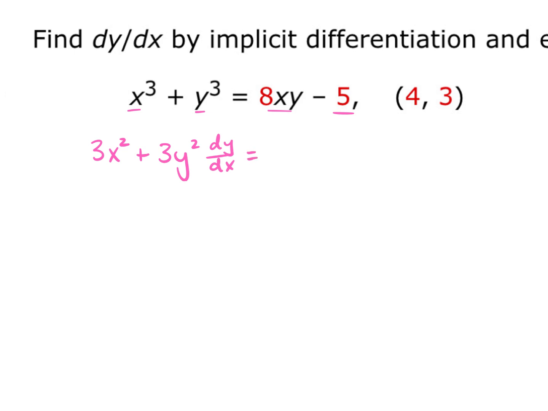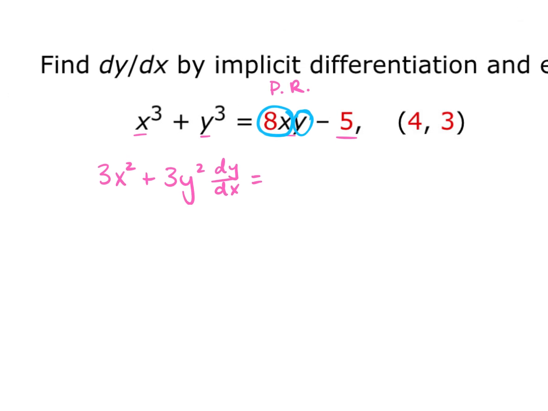Is equal to, how would I take the derivative of 8xy? Product rule. Perfect. So our product rule, I'm going to call 8x my first term, and y is going to be my second term. First times the derivative of the second plus the second times the derivative of the first. So our first is 8x times the derivative of the second.